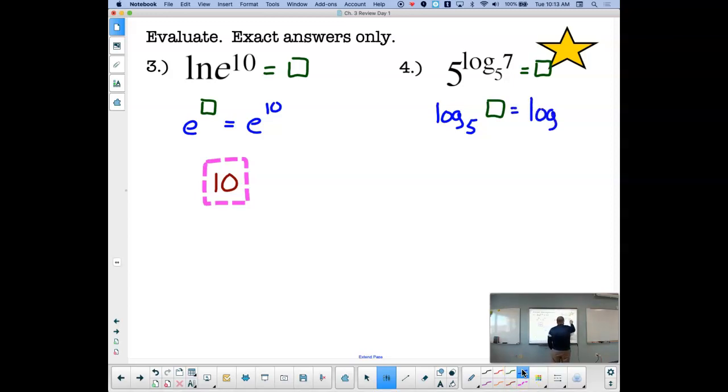Well, my exponent is log base 5 of 7. So in order for those two equations to be the same, I would need to fill the green box with 7.